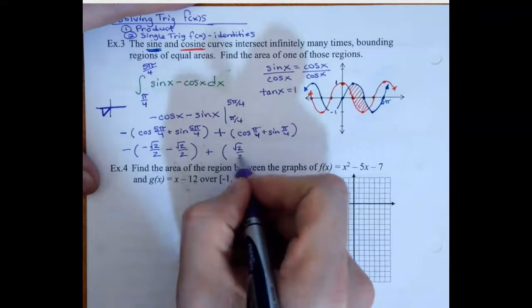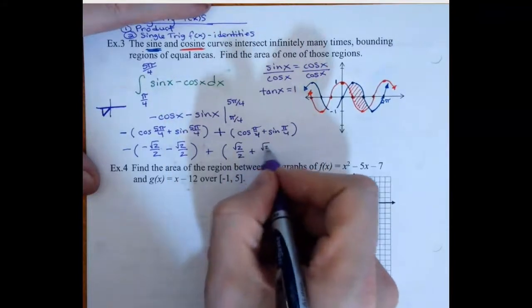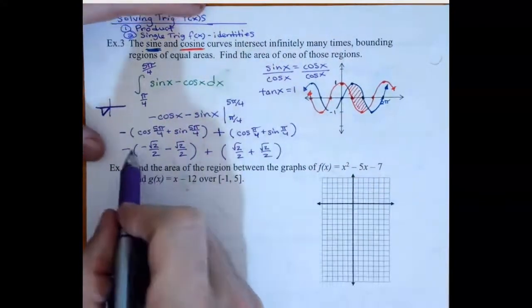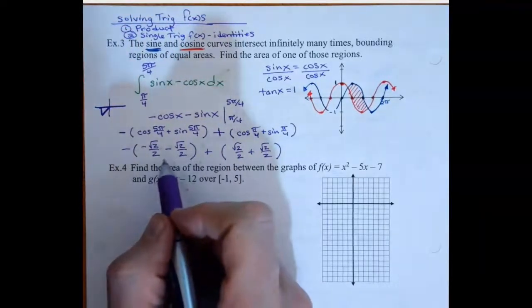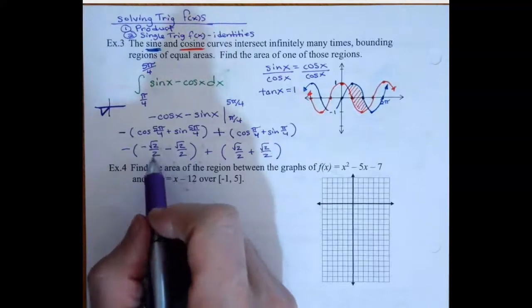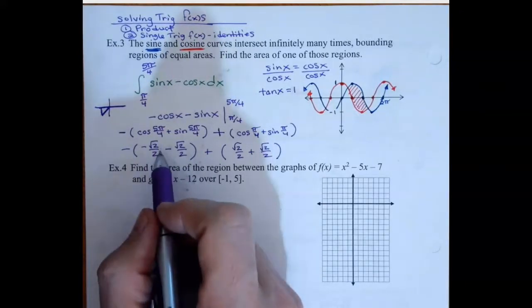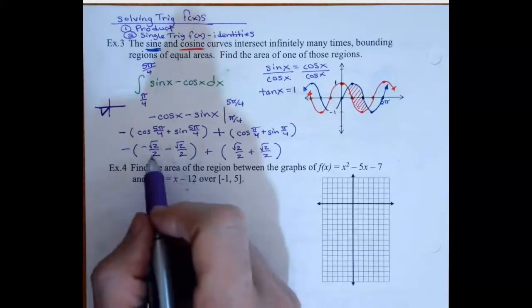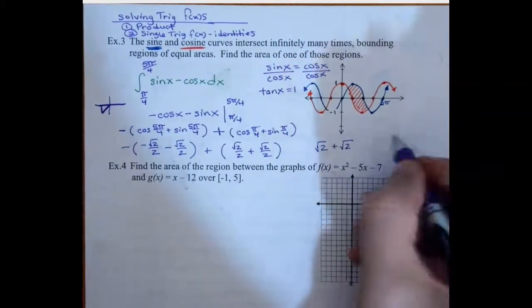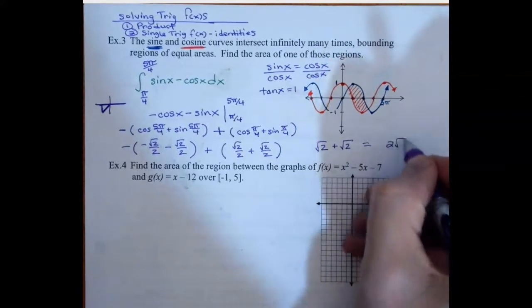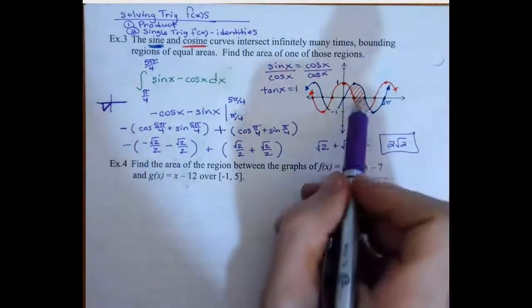That's root 2 over 2. And this is root 2 over 2. So, distributing this, that's all positive. So basically, we have root 2 over 2 plus root 2 over 2. That's 2 root 2 over 2, which is just root 2. So we're going to have root 2 plus root 2. So that's going to be 2 root 2 for the area between those two.